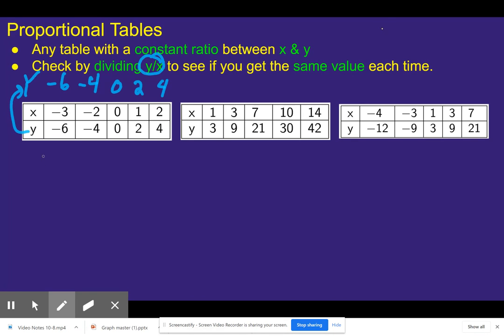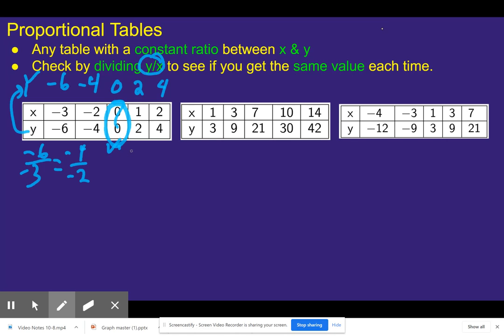And look, is -6 over 3 equal to -4 over -2? Yeah, it is. And the 0 is kind of questionable, but this qualifies, right? That is the ordered pair 0, 0. So that's okay.